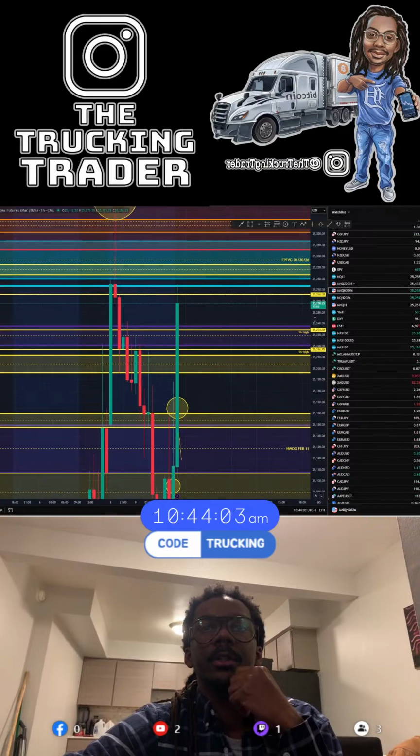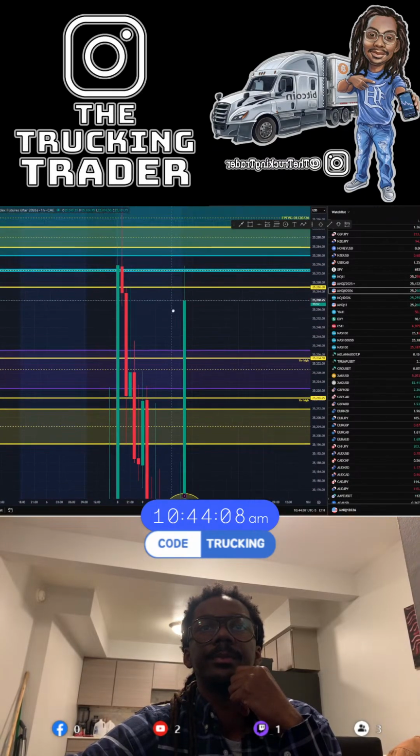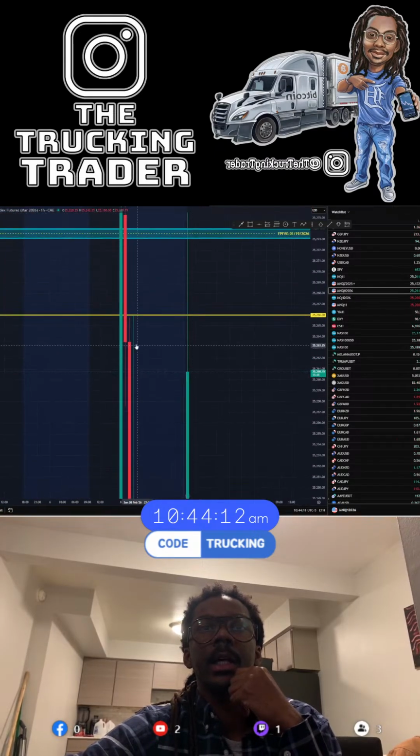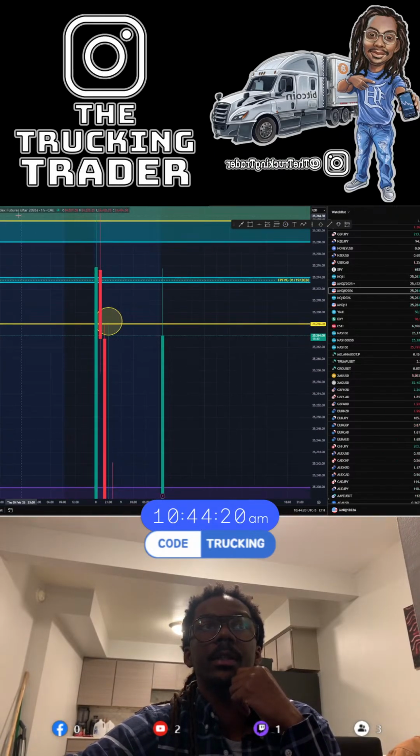So we have to make sure that we are aware of a swing high. This is a swing high. Don't look like it, but this is a swing high on a 1-hour time frame, this level right here.